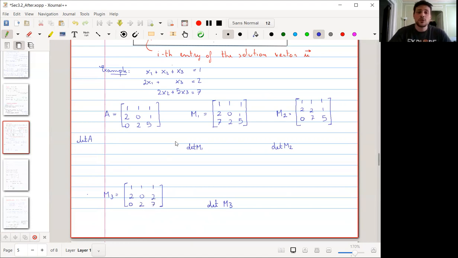Okay, for each one of these, we want to compute the corresponding determinant. For example, for my matrix A, I want to do a cofactor expansion along the first column. So I get 1 times the determinant of 0, 1, 2, 5, minus 2 times the determinant of 1, 1, 2, 5.